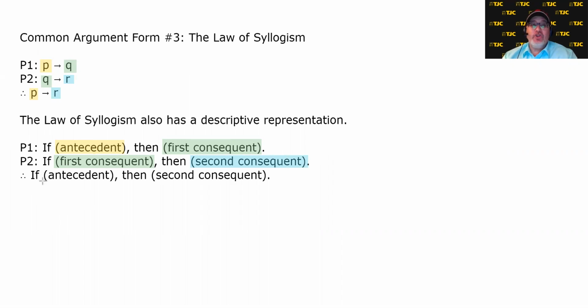Then you can make a new conditional with the original antecedent, but the final consequent. It's almost like eliminating the middleman. It's almost like you're saying, you know what? We don't have to stop here. We can just say if the antecedent, then the second consequent.